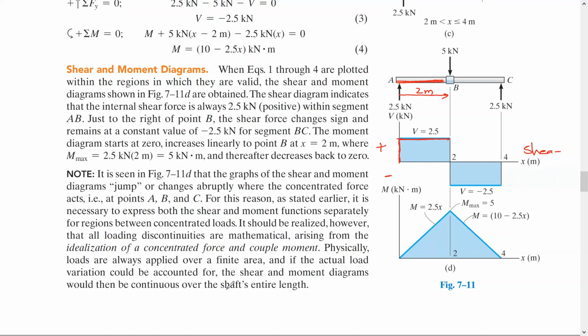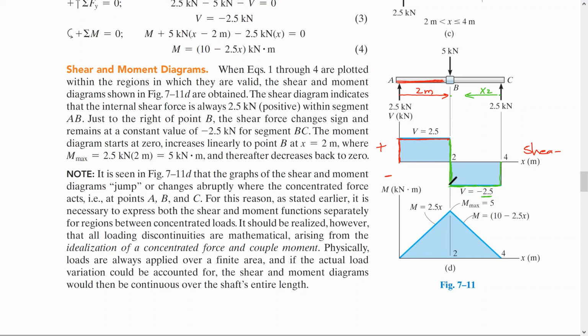From the other side, let me pick a different color. This is x2, and it goes from 0 to x equal to 2. Here V was minus 2.5. This one should be connected.